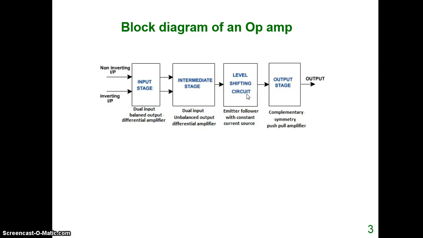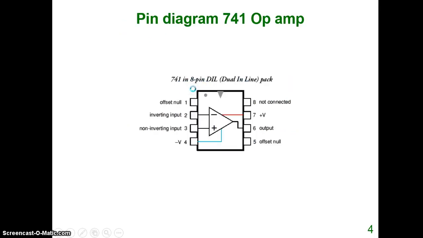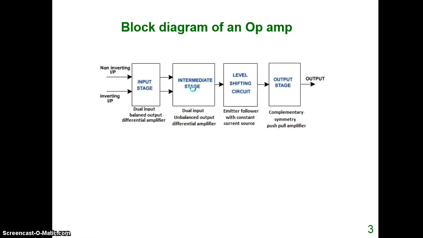Generally, the level translator circuit is used after the intermediate stage to shift the DC level at the output of the intermediate stage downward to 0. Normally direct coupling is used in this stage, and because of that, sometimes its output will be well above ground potential. So in order to downshift the level, you need to shift it back to 0 potential. We use the level shifting circuit.